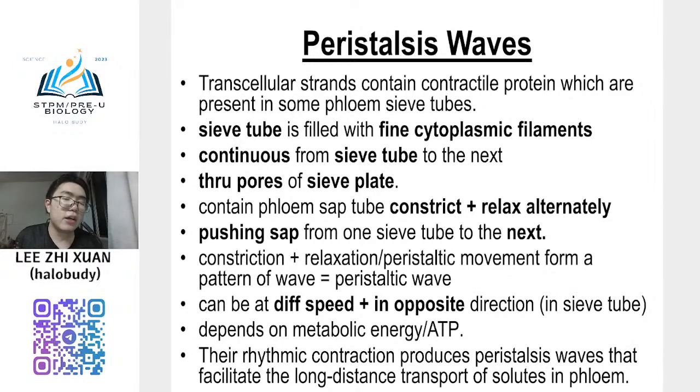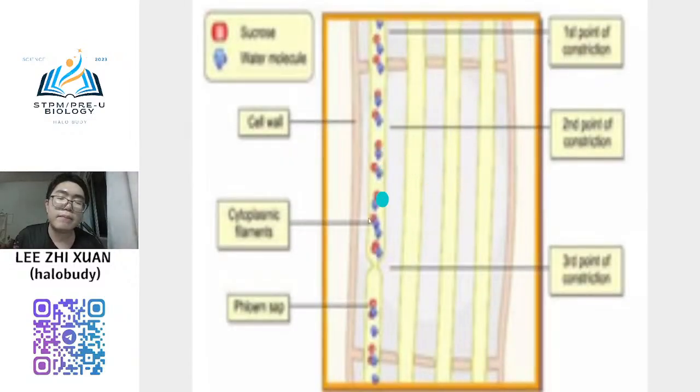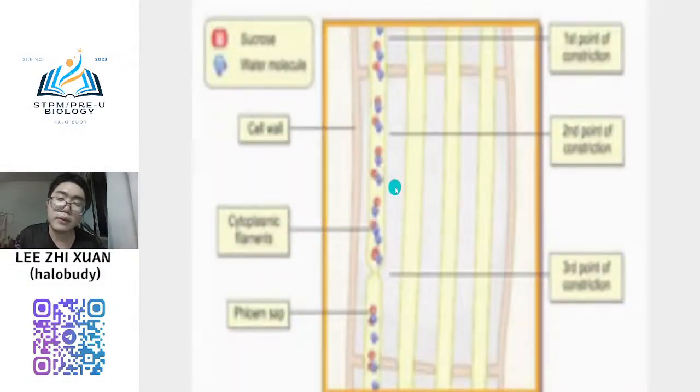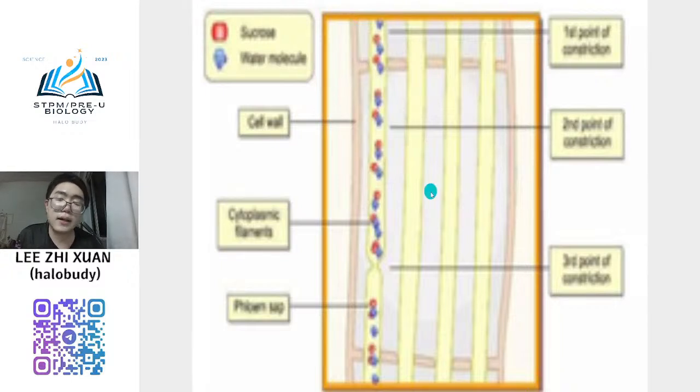And the final one is the peristaltic wave. It is one type of wave produced in the plant that transports solute particles from the source to the sink. It uses the cytoplasmic filaments found in the phloem sieve tube. Previously, the phloem sap was transported inside the sieve tube.